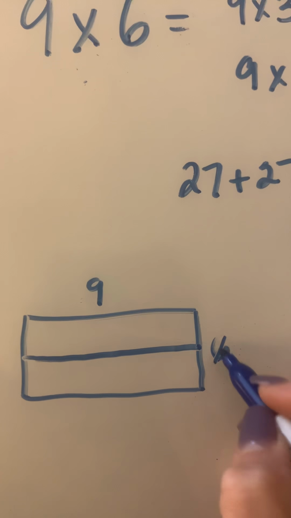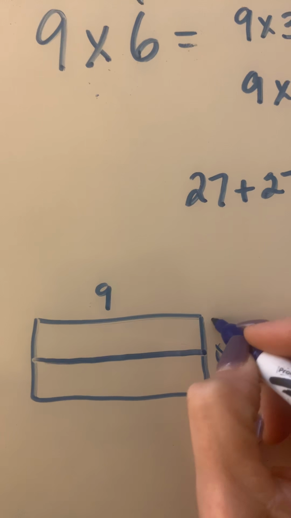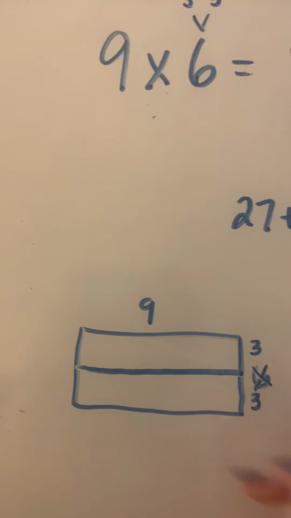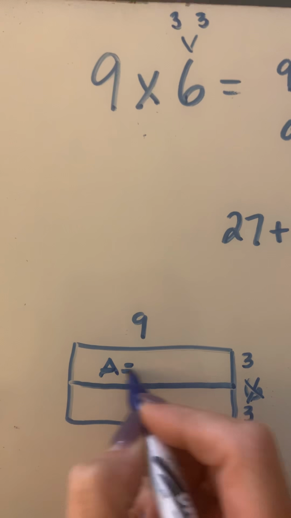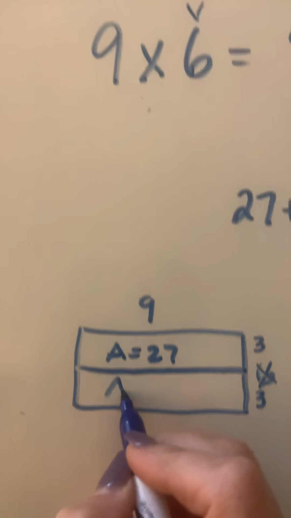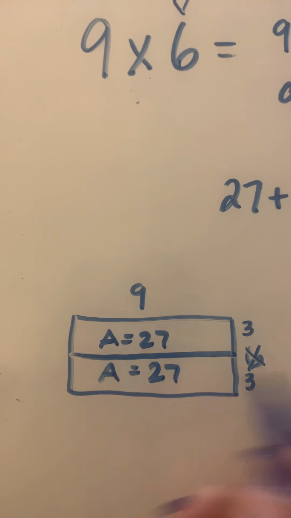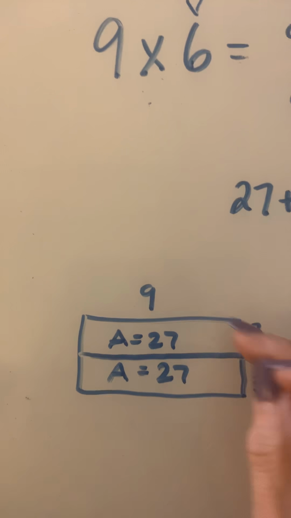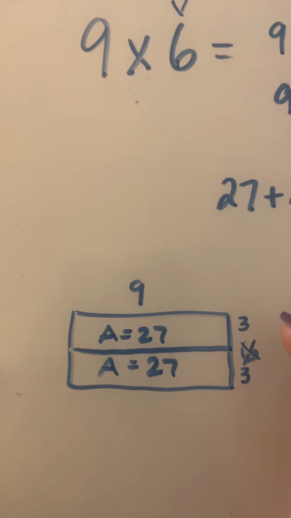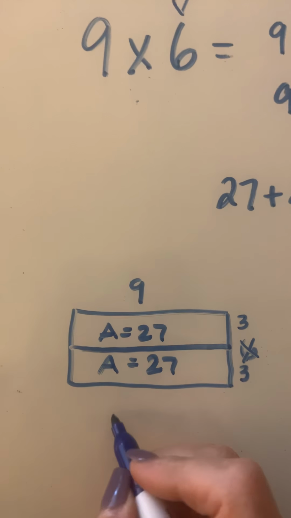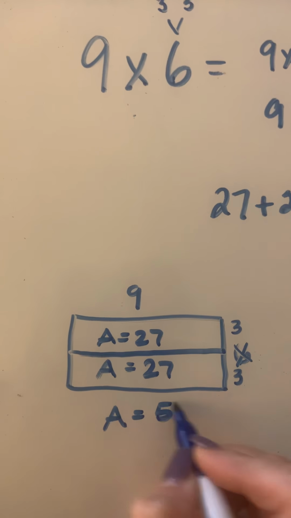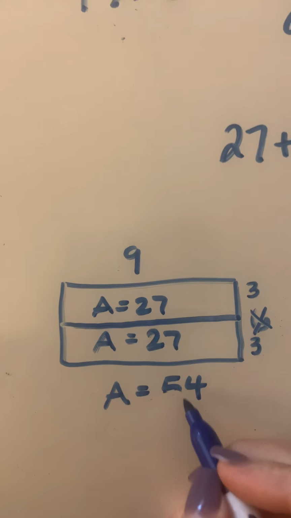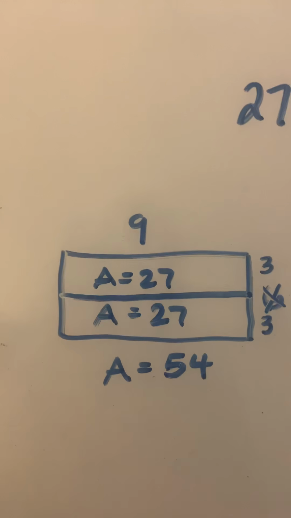So now instead of thinking of 9 times 6, I can think of 9 times 3, 9 times 3. So if the area of this one is 27 and the area of this one is 27, all I have to do is add those two together because the two together make the whole, right? My area would equal 54. That doesn't look like a 5, does it? Okay.